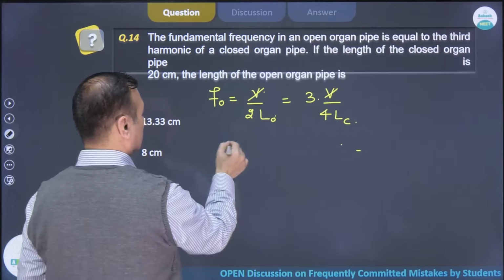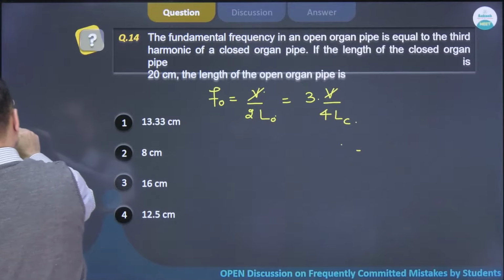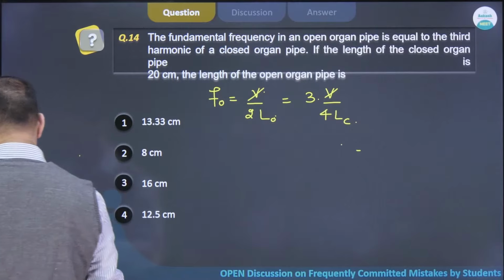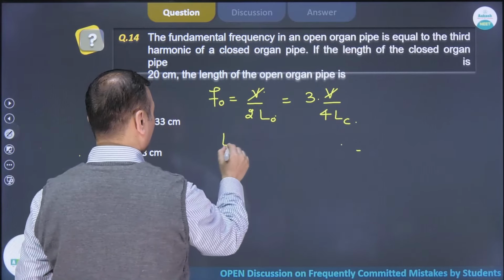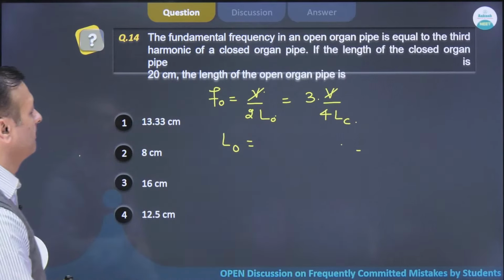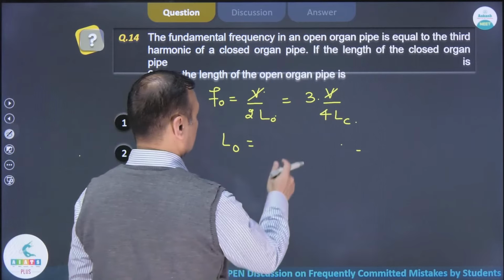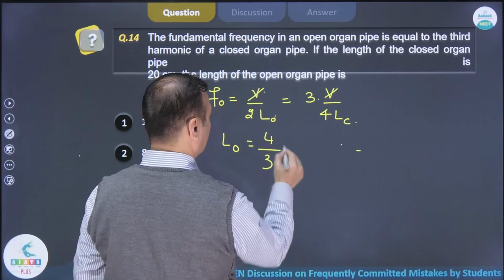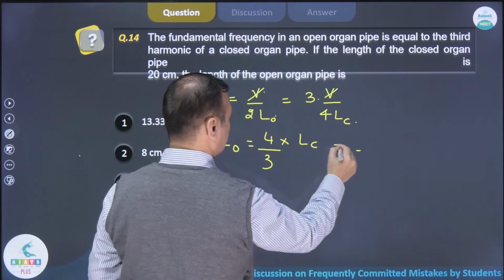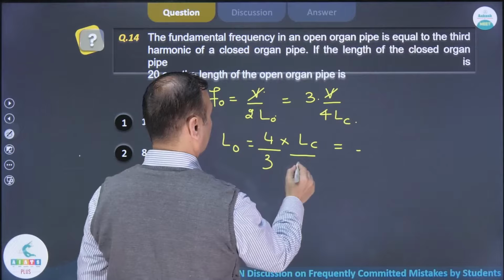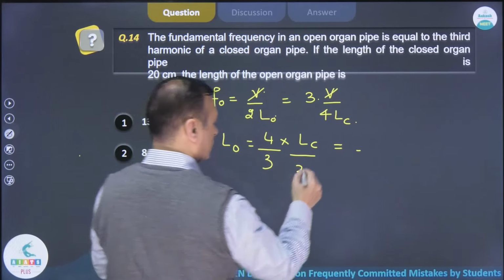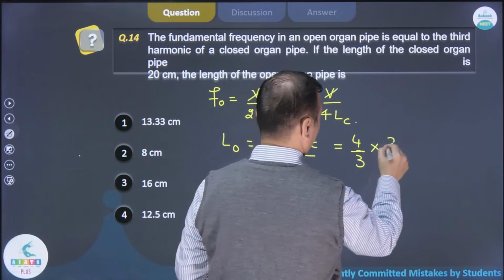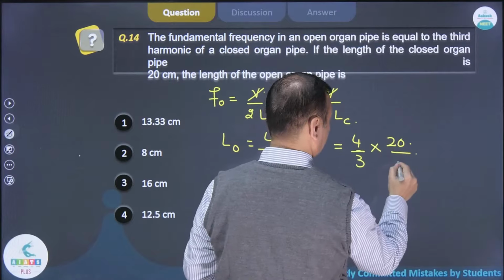So we have to find out the length of the open organ pipe. So we are finding it as 4 by 3 times L_C, and this is L_O by 2. So this is 4 by 3 times the length of the closed pipe, 20, divided by 2.